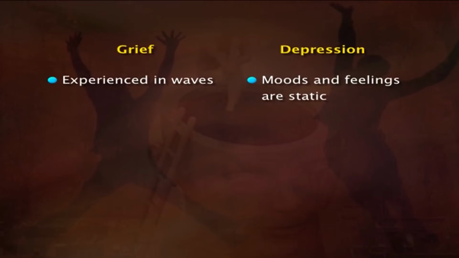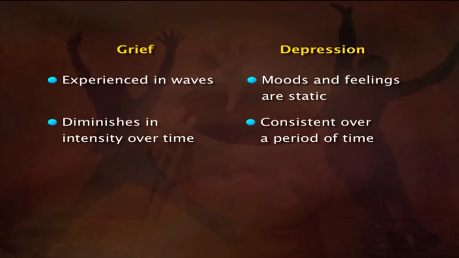That is, they are there continuously over a period of time, whereas in grief those feelings of depression come and go. And another differentiation is that the experience of grief or depressive symptoms diminishes in intensity over time, but in depression they are consistent over a period of time.